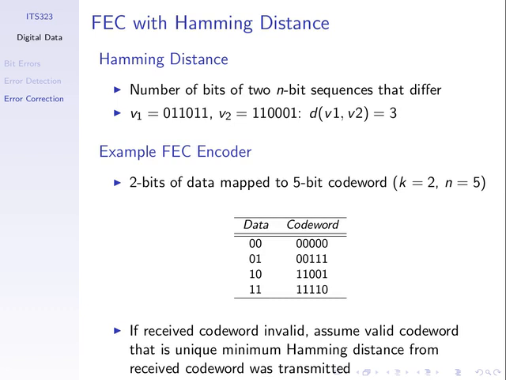If there are 2 valid code words with a minimum Hamming distance of the same value, we will not use either of them. We'll just assume that we've detected the error, but we cannot correct. But if there's one valid code word with a minimum Hamming distance from our received code word, we will use that. We'll assume that's what was transmitted and we can correct and get the data back. So we saw some examples of how that works.